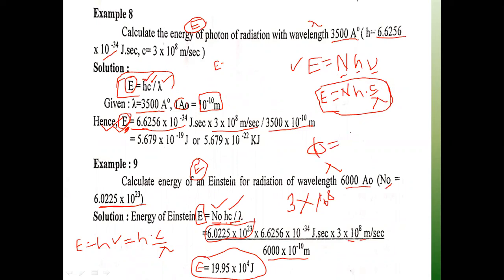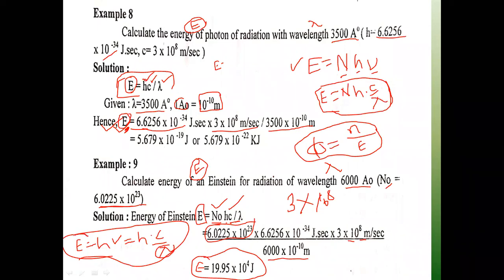Phi is equal to the number of molecules reacted upon the number of photons or energy absorbed by the reacted molecules. So if you know these two equations, you can find the value of phi, number of molecules reacted, energy absorbed, wavelength, and the energy also. Okay, so these are the different numerical problems which will be asked in this chapter. So there are three concepts for the numerical problems.